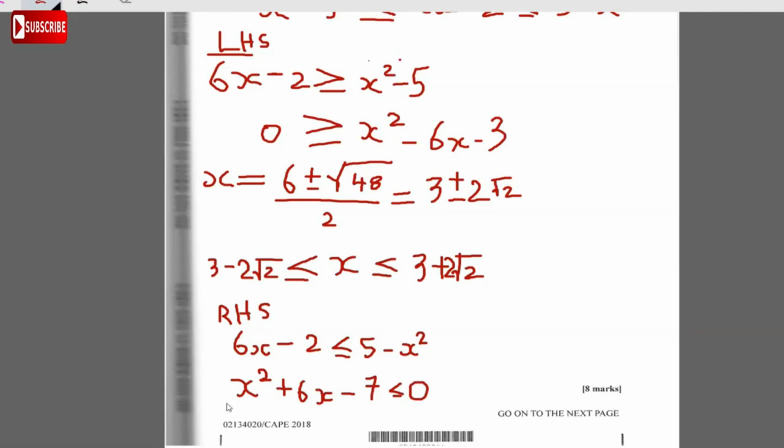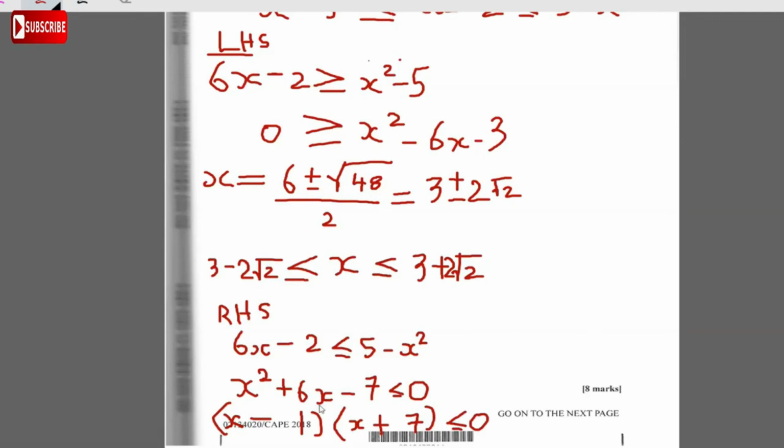If I were to factorize this, this one can factorize. It would be x, 7, and 1. Signs are different. The greater product is positive, so this is plus, and this is minus. This is less than or equal to 0.